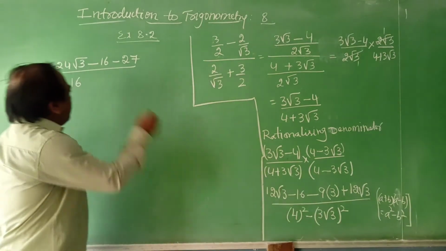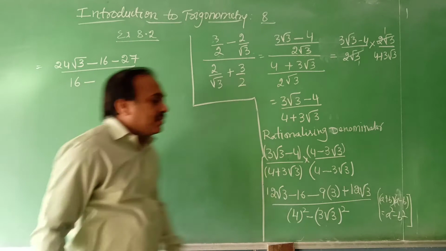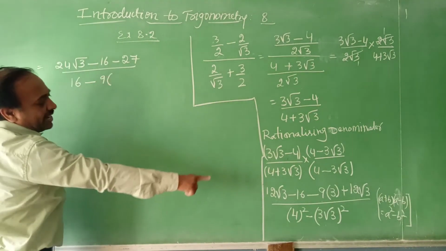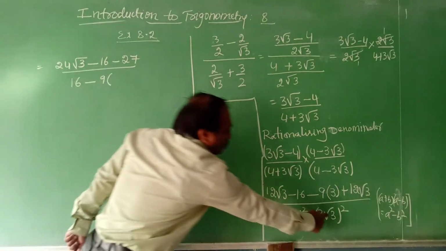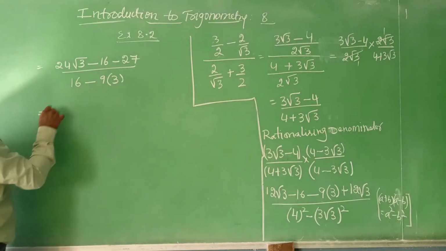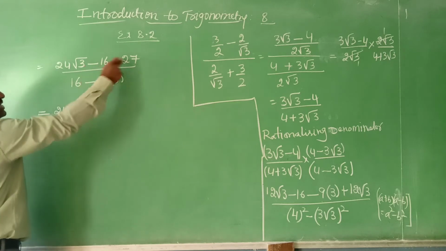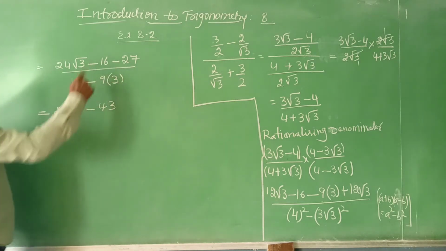The square is applicable for both the numbers, 3 as well as root 3 whole square. So 3 square is 9, and root 3 whole square is nothing but 3. So that is equal to 24 root 3 minus 16 minus 27, which is minus 43. Both are negative numbers.